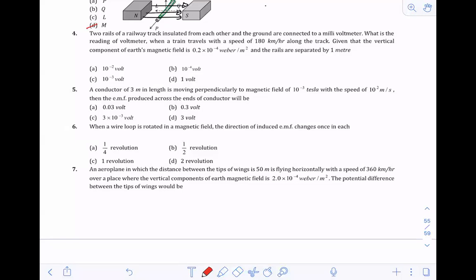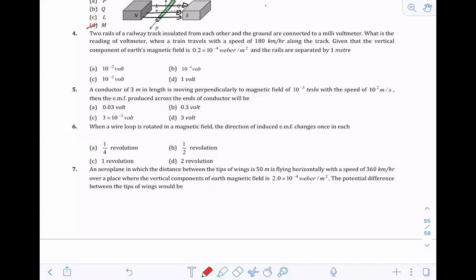Okay, C I'm getting, and B also I'm getting. Anybody wants to change their answer? Okay, fine. Let us solve this one.